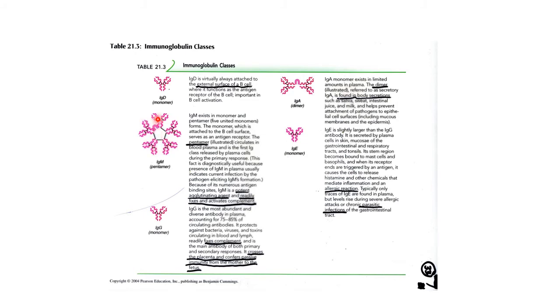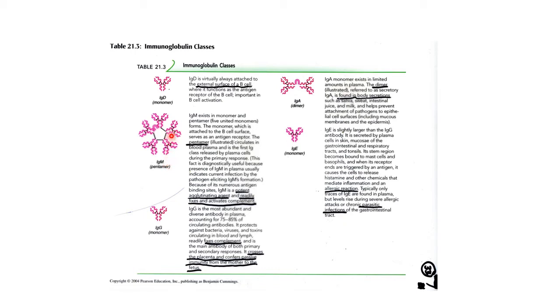And this has a lot of binding sites, because each antibody has 2 binding sites. Because this has 5 antibodies, you have 10 binding sites. So it can cause strong agglutination. This one fixes and activates complement, and it is the first one that you see in a primary immune response. It's the one you see most often.